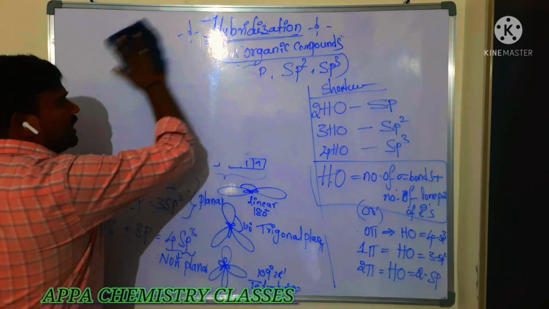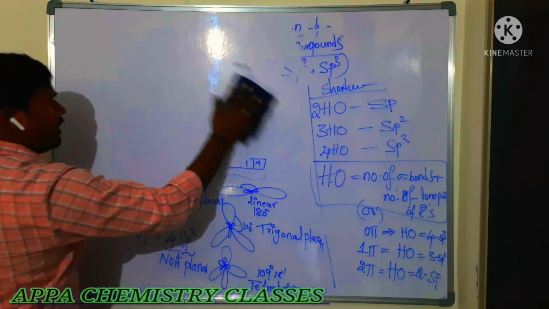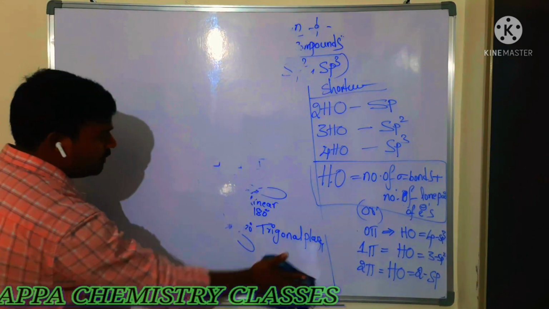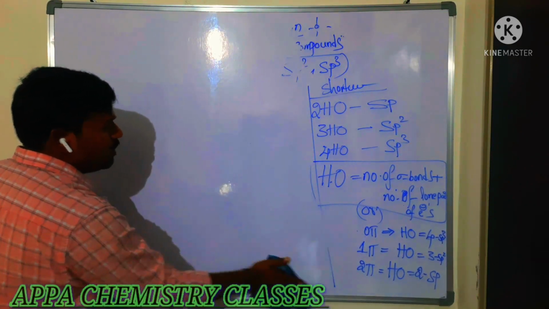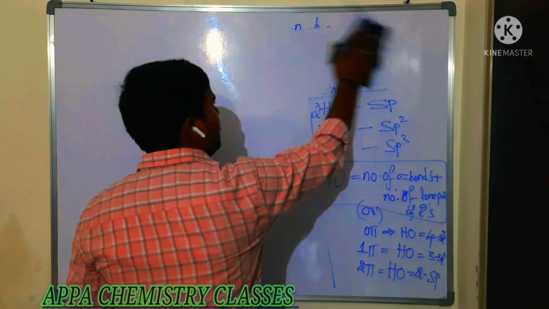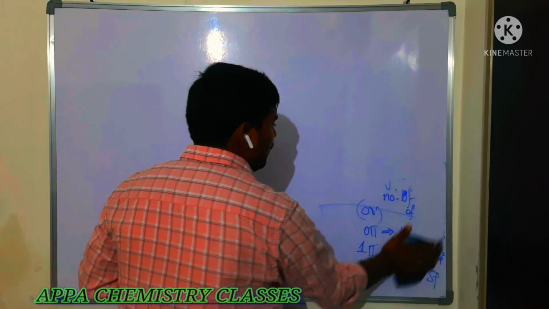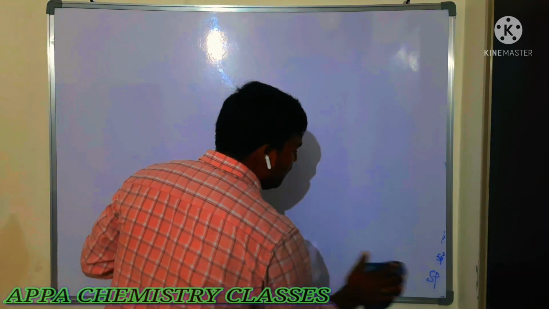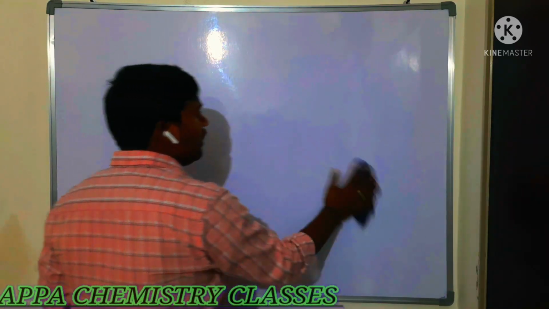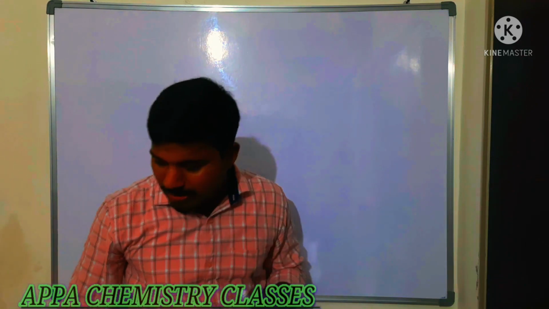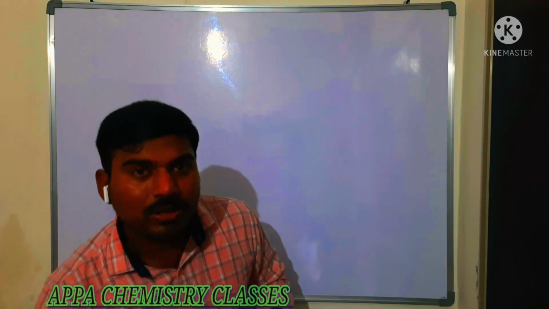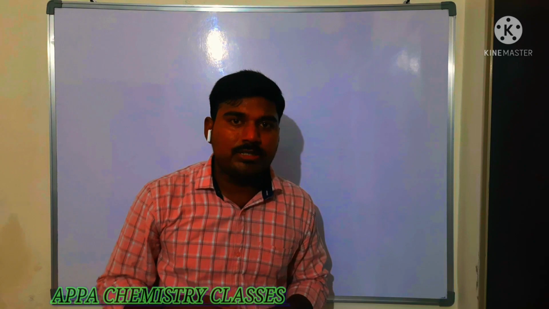So hybridization, have you understood now? Which orbitals are involved in the hybridization concept here? The valence shell orbitals are involved in hybridization. Will it involve only orbitals containing unpaired electrons? No. Even orbitals containing paired electrons will be involved in hybridization.